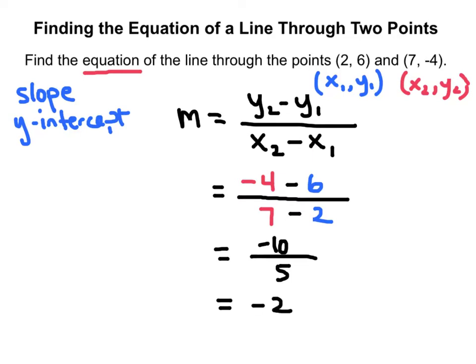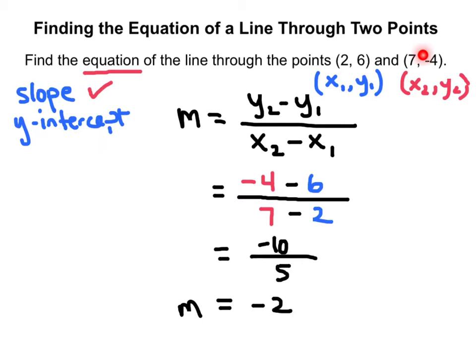So we now have our slope, which is one of the criteria we need for this problem. Now it's our job to find the y-intercept. Notice that both of the x values of the given points are not 0, so neither point is the y-intercept exactly.